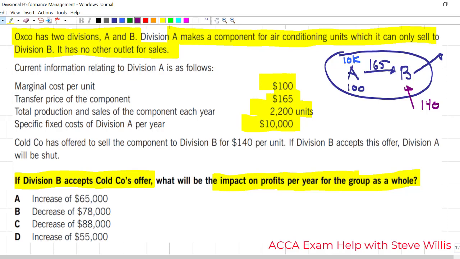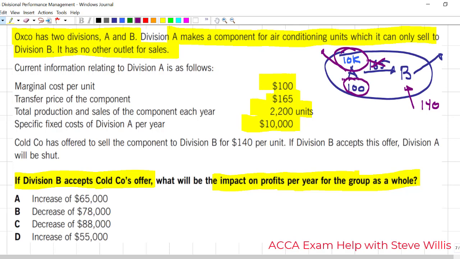It's higher than the external price, but if there's no external demand for my units, then the minimum transfer price would be the variable cost. So with no other information at this point, it would be better to use the internal variable cost of 100 rather than the external. However, we're going to shut the division if we do this, so we're also going to save the full 10,000. So now it becomes make or buy, essentially.